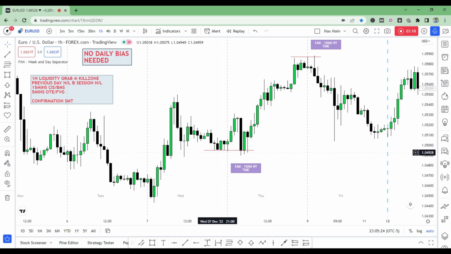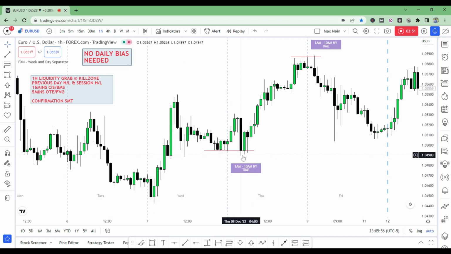So what I look for when I say liquidity grab, look at this low. This is an Asian session. We also have an Asian session which runs from 8 p.m. New York time to 12 a.m. New York time. So this is the Asian session. What I'm looking at, I want the lows created either in the Asian session, the New York session of the previous day, or the London session to be taken out.